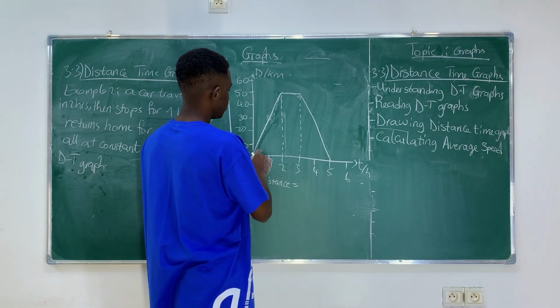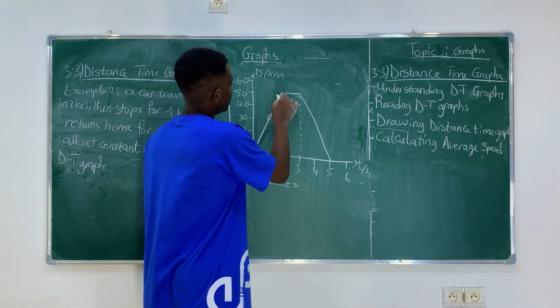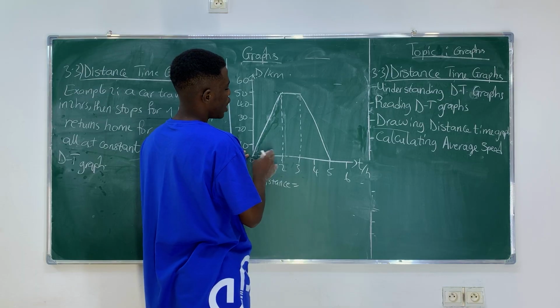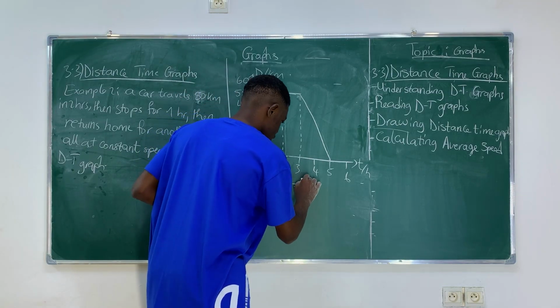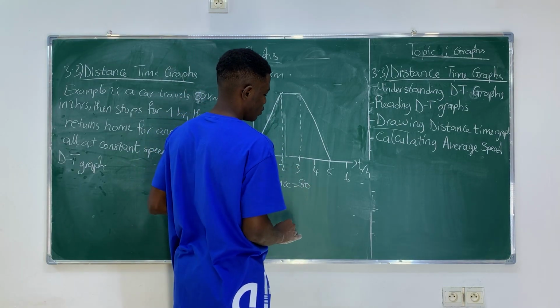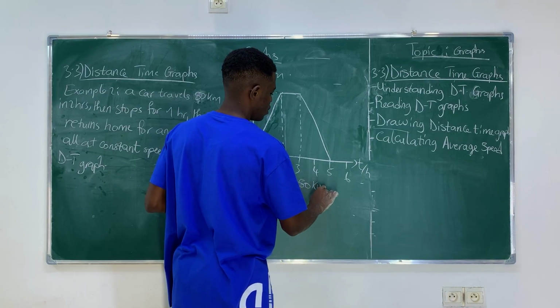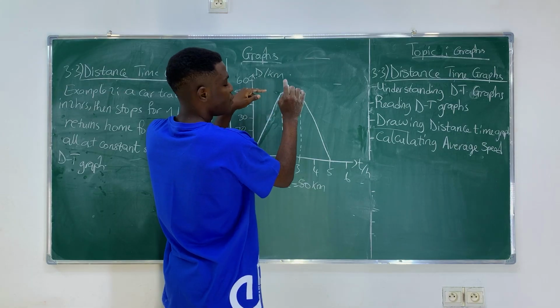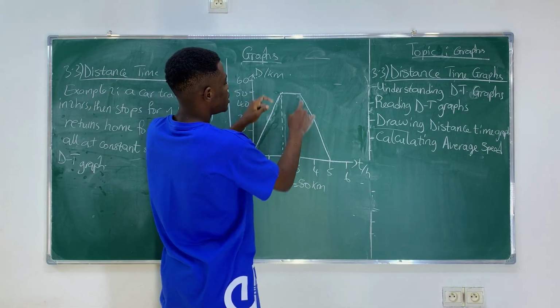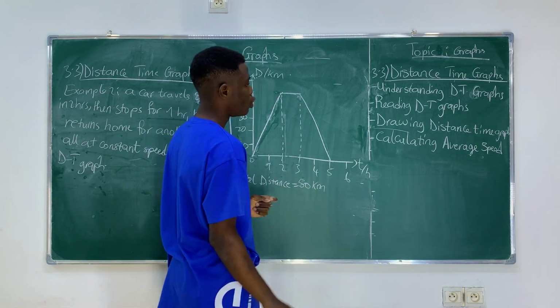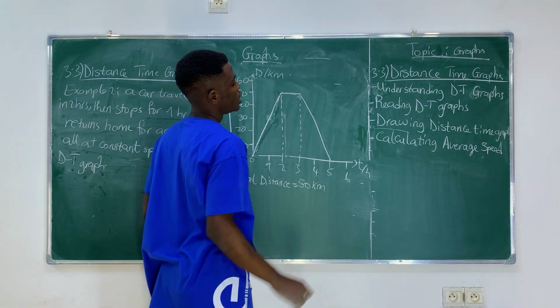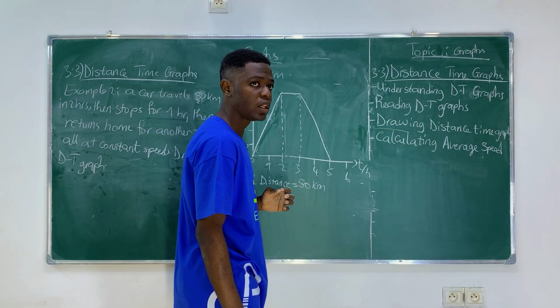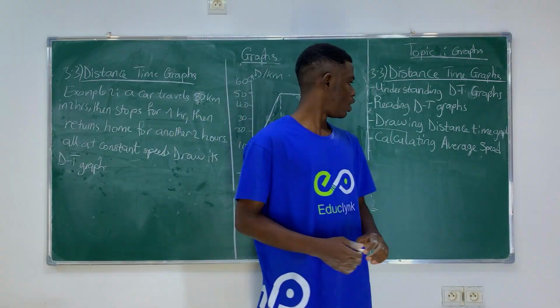From here to here, for the first 2 hours, I traveled a distance of 50 kilometers. For the second part, from here to here, the traveling distance, no, it is a straight horizontal line, meaning it stops.